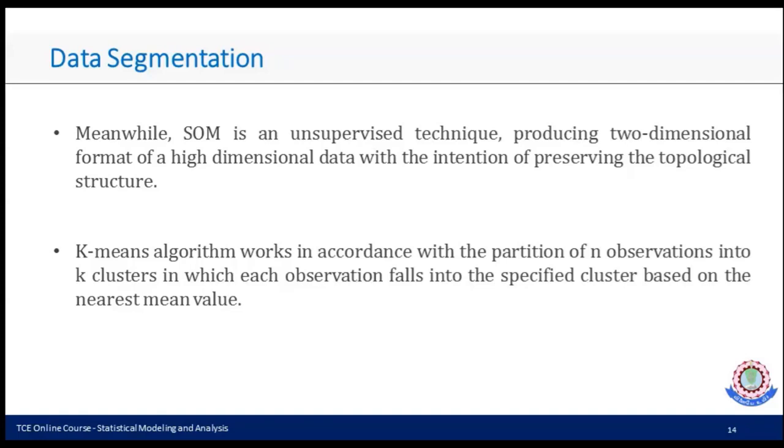And for the next category, that is K-means clustering, a non-hierarchical procedure which starts with the selection of observations as an initial cluster centroid, and it then assigns each observation to the cluster that has the closest centroid value.